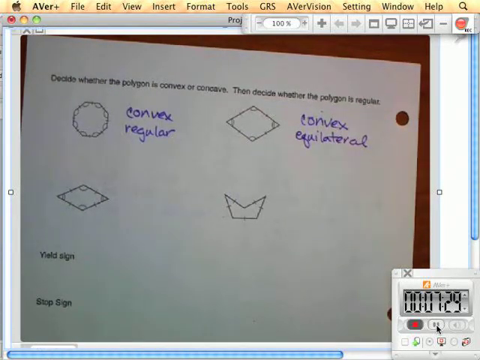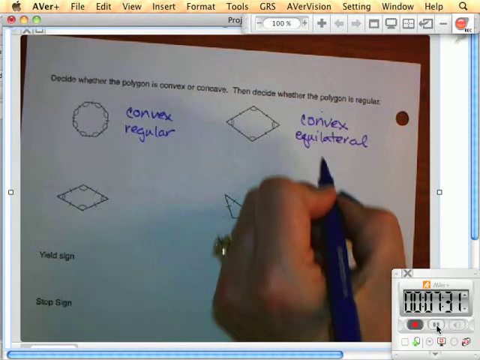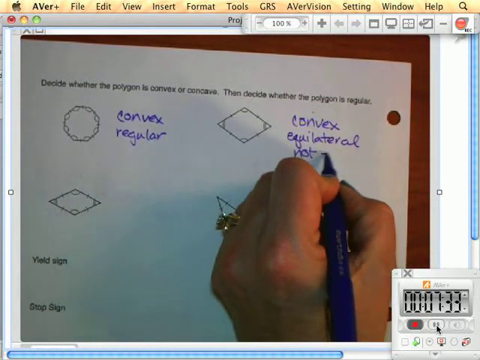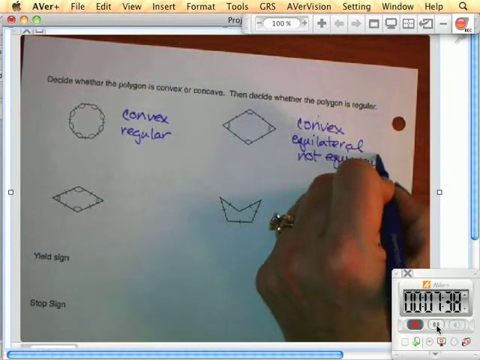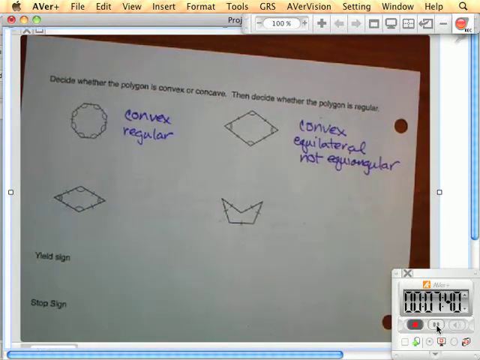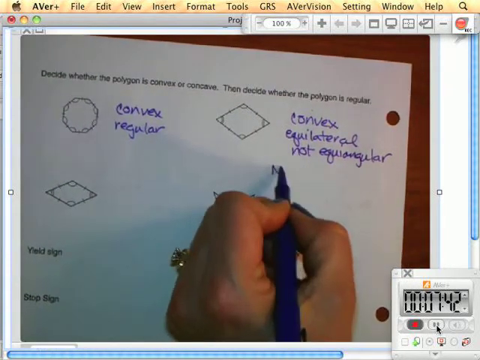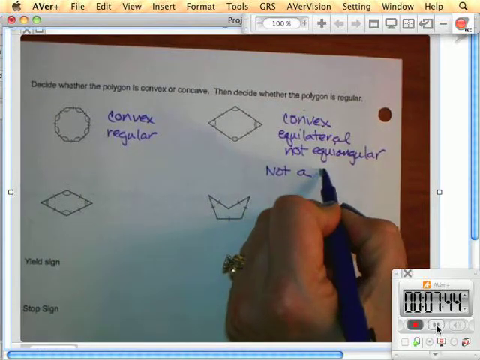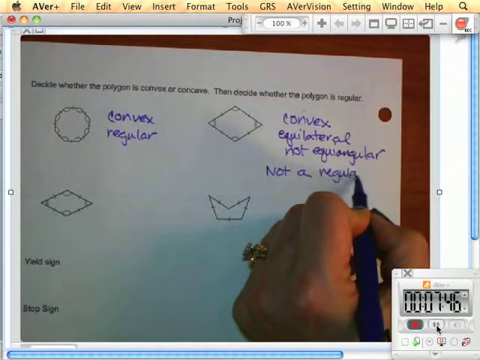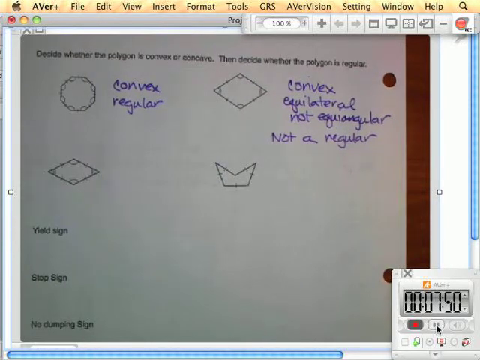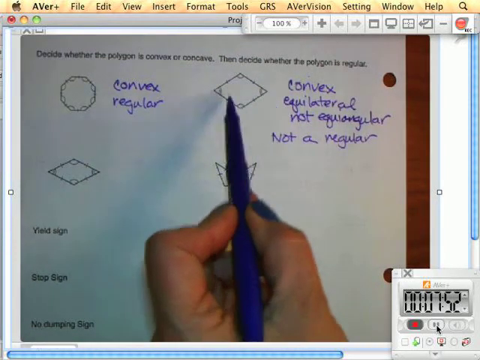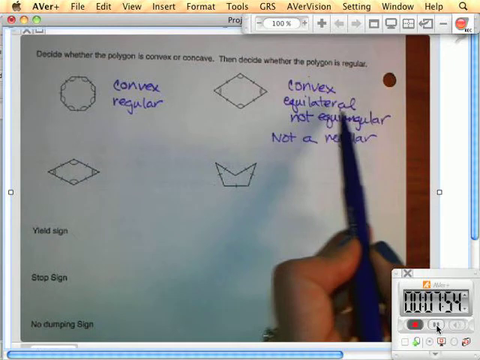No. So it's not regular, not equiangular. Is that a lot of writing? Yes, but it's not that painful. So it's not a regular polygon. I was asking if it's a regular polygon. It's not a regular polygon. It's equilateral, but it's not equiangular.